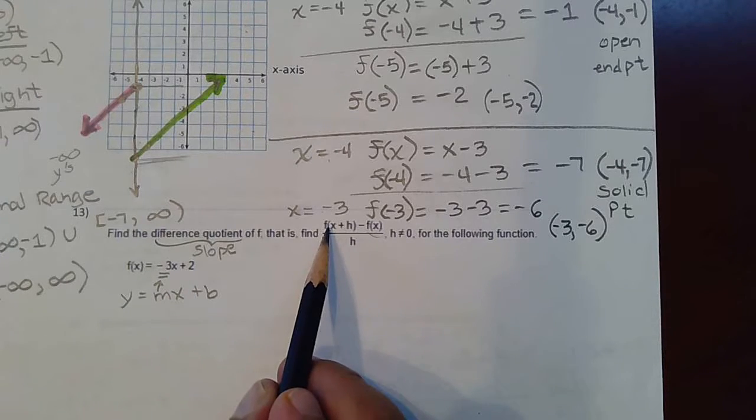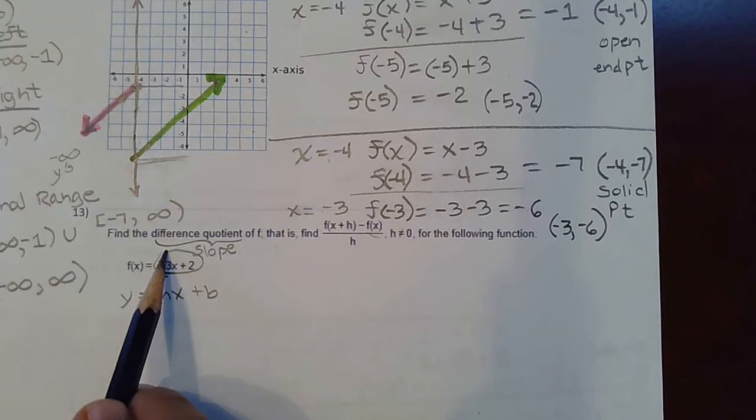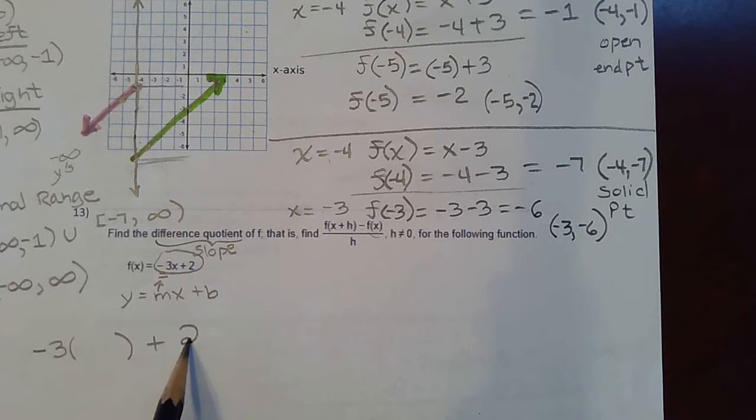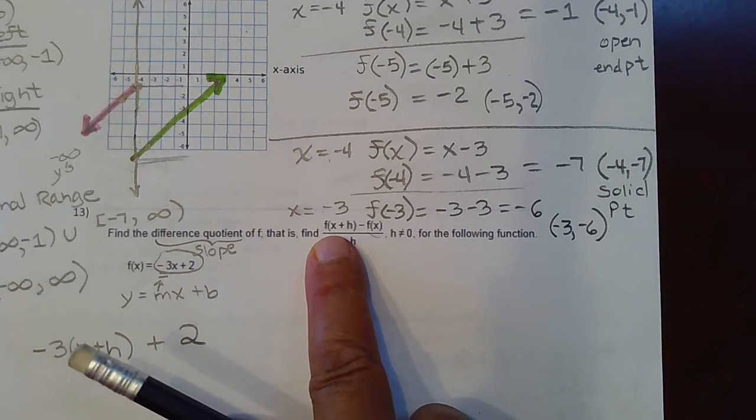This says that instead of f of x, everywhere there's an x, you should plug in x plus h. This is what you're plugging it into. So it's -3x plus 2. I left a blank spot where the x is, so you can plug in x plus h. So there is the function with an x plus h plugged into it, just like this says.